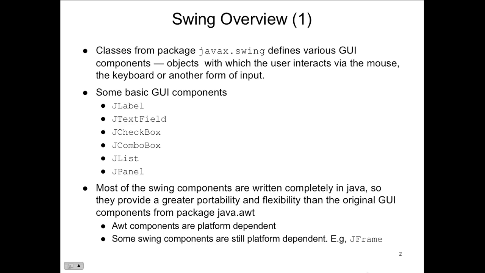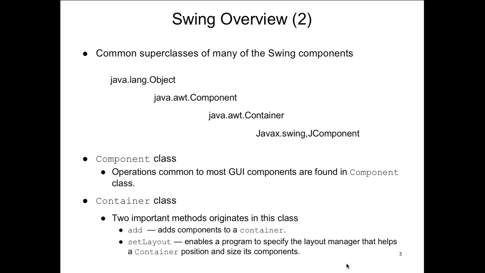Not all. JFrame is an example, which we'll see. JFrame is the main window, and it's still platform dependent. So we're still struggling with trying to make it truly cross-platform compatible. The problem is every one of our different platforms has different window interfaces, different motifs. It's really hard to make something cross-platform and independent in concept.